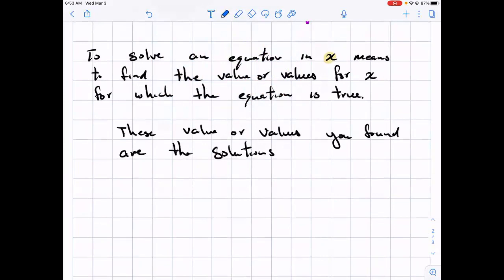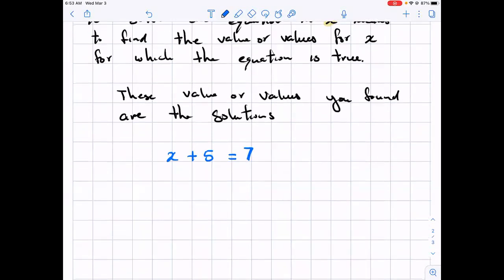An example of this: X plus 5 is equal to 7. So what should X be so that when you add it to 5, you get 7? We know that X is equal to 2. That is the solution.